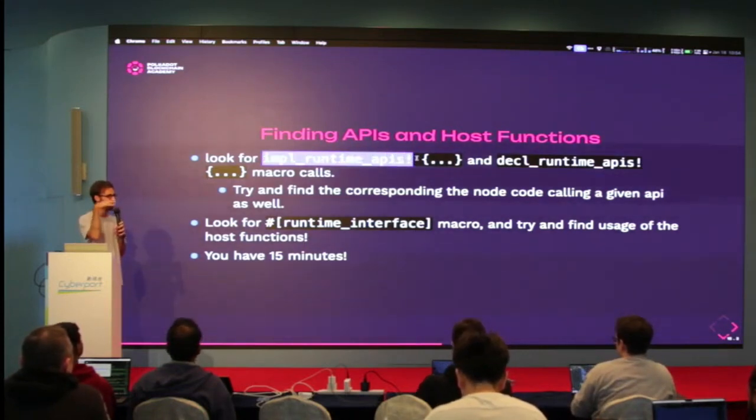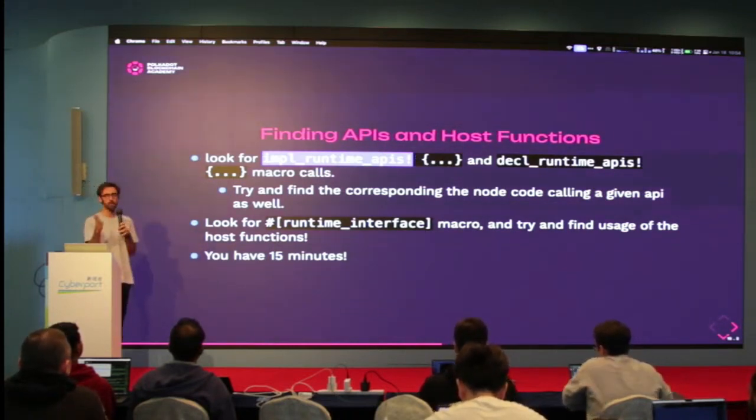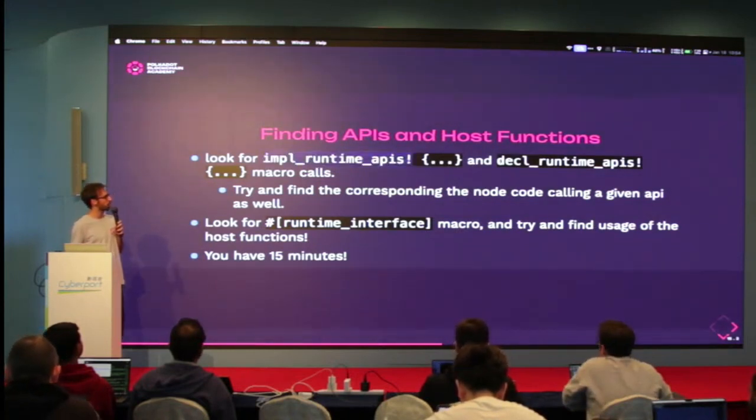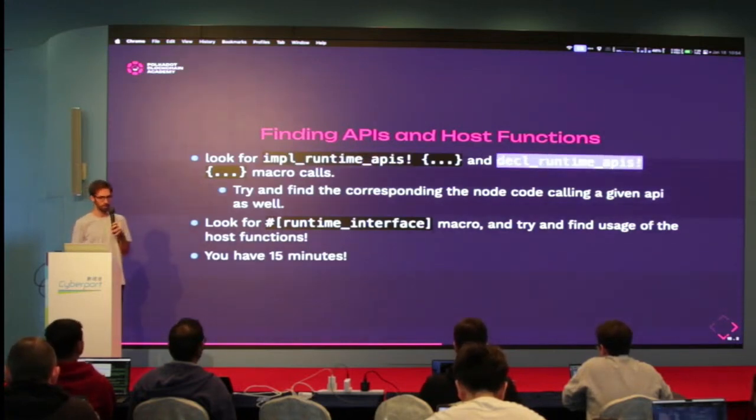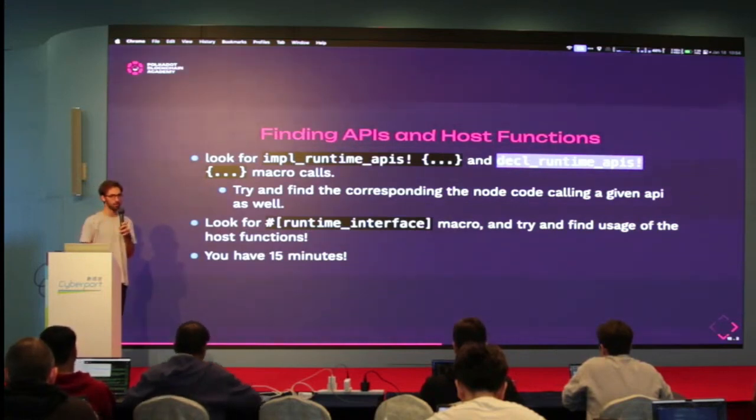This is a macro that contains an implementation block that implements a runtime API. So search for this macro call, the part that I'm highlighting, and see where you find it. Then the other side of this equation is another macro called decl_runtime_apis, which declares things as runtime APIs. See what you can find by going through this.